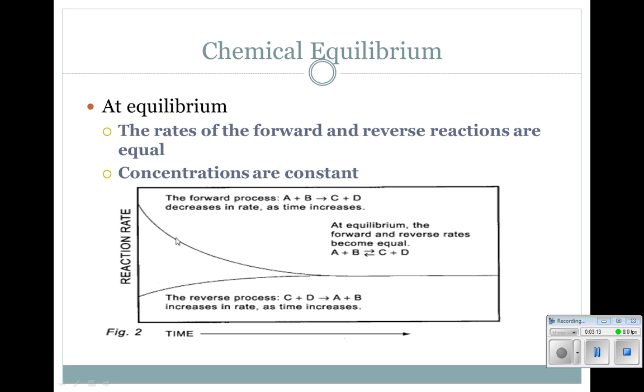So the rate of the forward starts to slow down. At the same time, you're building up your product. So now you have enough C plus D to react to make A plus B. So the reverse starts to increase until eventually they reach the same exact rate, and that is equilibrium.